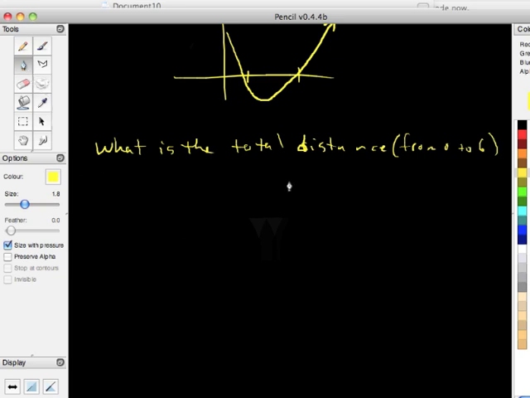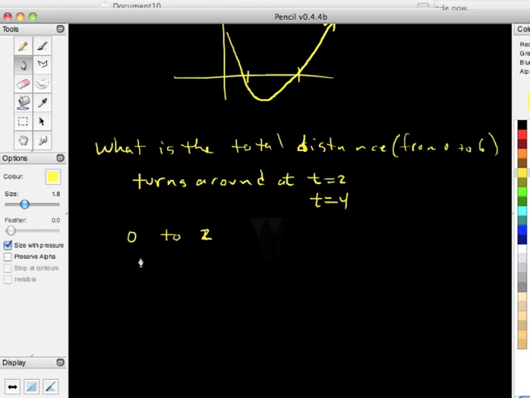Okay, so what's the total distance from 0 to 6? Remember, from before we found it turns around at t equals 2 and at t equals 4. So from 0 to 2, it's going in the same direction.